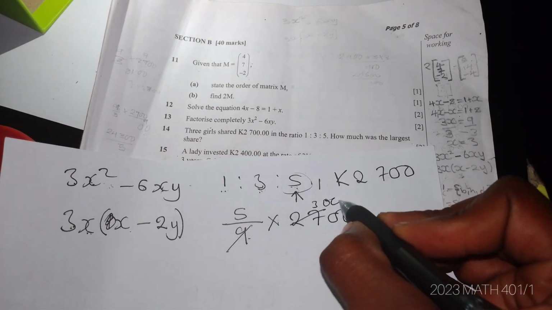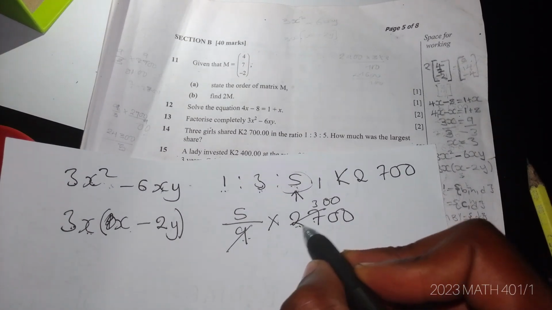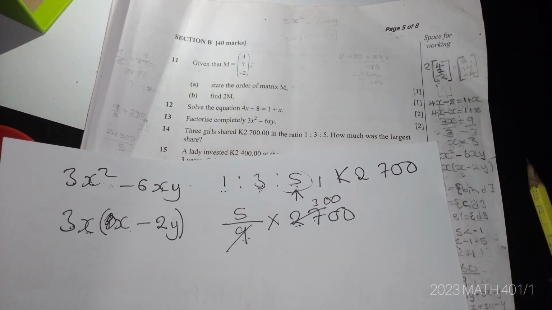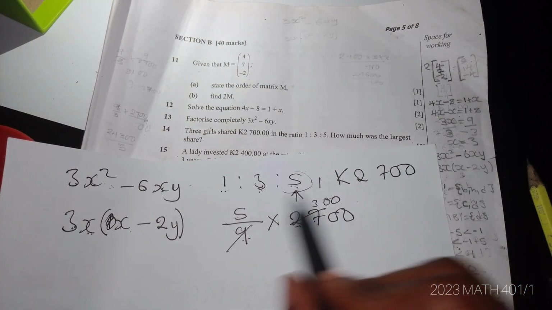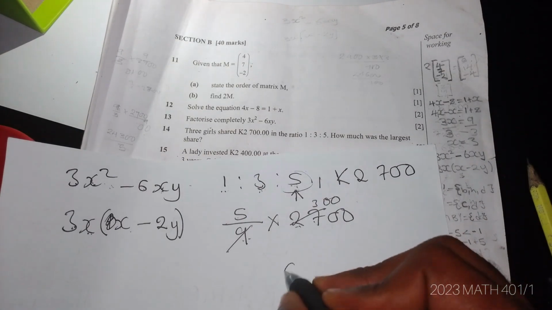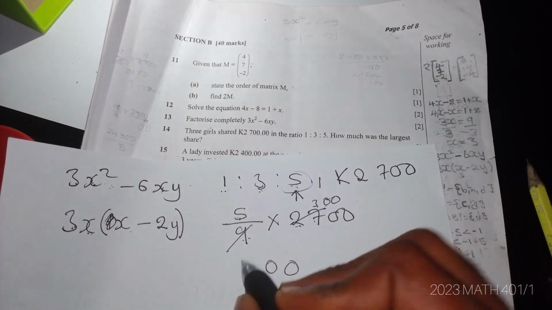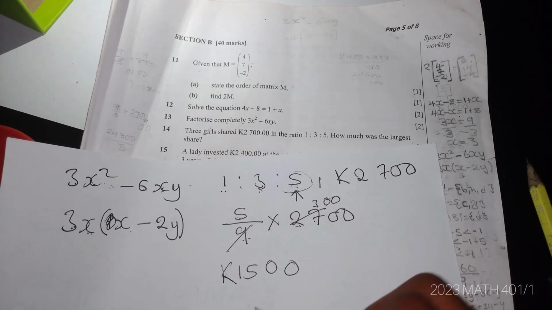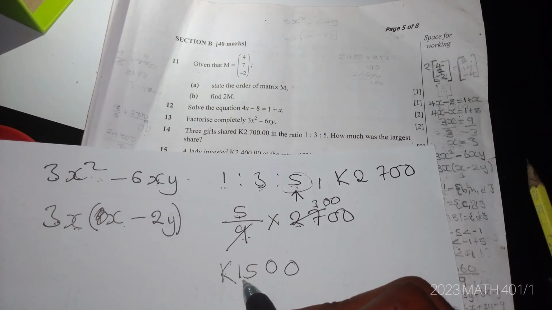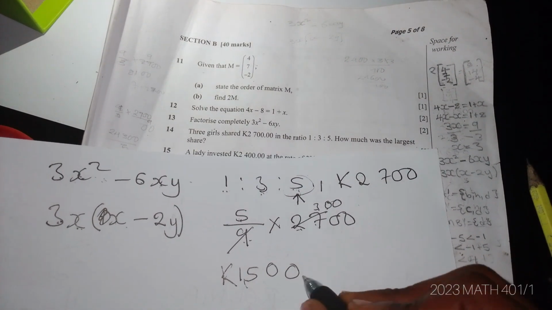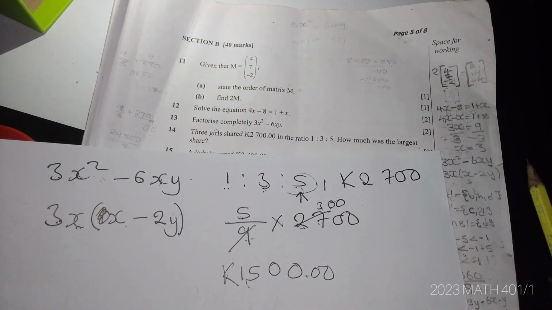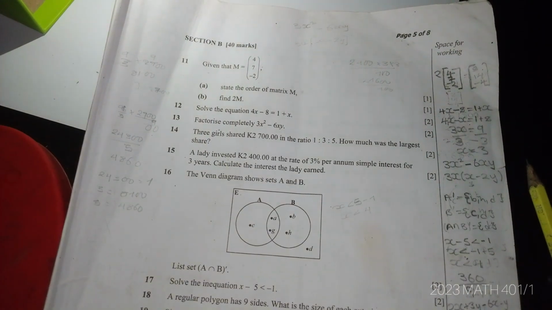So that means 9 can go into 2700 300 times. And then now you can multiply these two. 5 times 0, you have a 0. 5 times 0, you have another 0. 5 times 3, you have a 15. So a 1500, or maybe a 1500 kwacha. So this is the largest share and of course our answer.